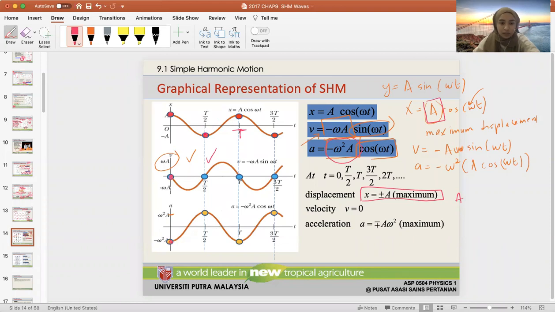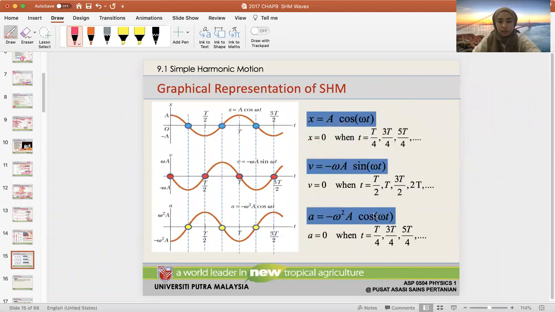Here, when the displacement is negative A, the velocity is 0, the acceleration is positive A omega squared. So, benda ni berkait lah, okay? Tu je nak cakap. Dekat maximum displacement, V is 0, acceleration ada value. Kalau dia punya A positif, dia punya acceleration negatif. Dia terbalik. Okay, and V is 0.